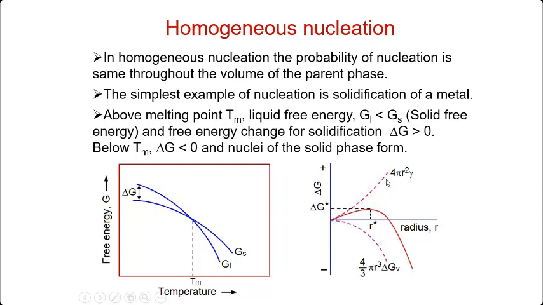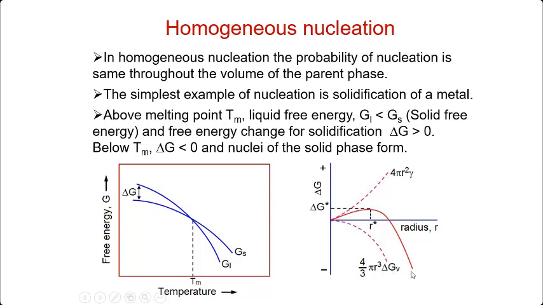This part that you see on the upper side is the surface energy contribution, and on the lower side you have the volume free energy contribution to this delta G. Okay, and delta GV is the specific volume energy change, that is free energy change per unit volume, right?